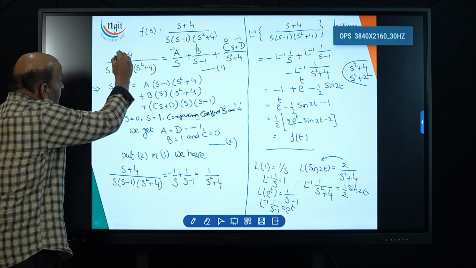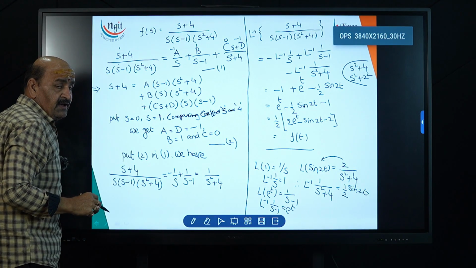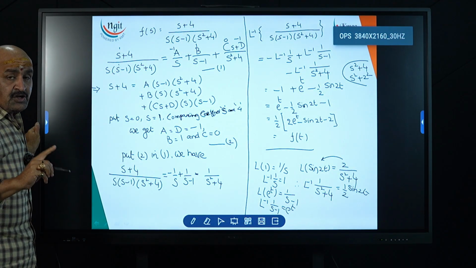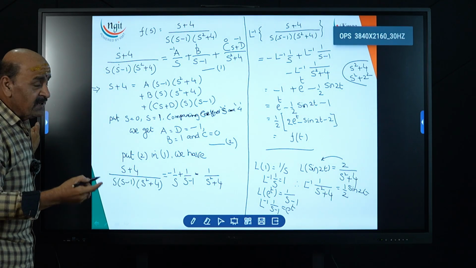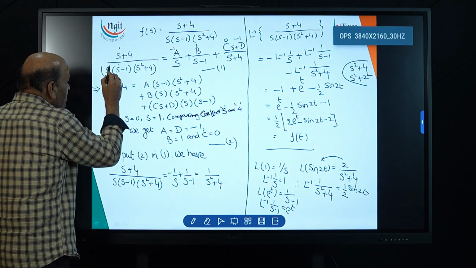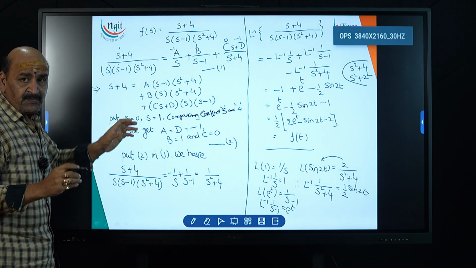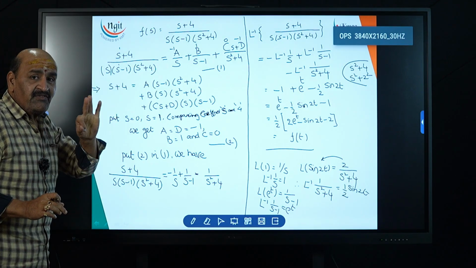So here keep the power of S in the denominator always greater than the power of S in the numerator. In that case, just observe how many factors are given to us. 3 factors are given. So now we have to make 3 fractions.